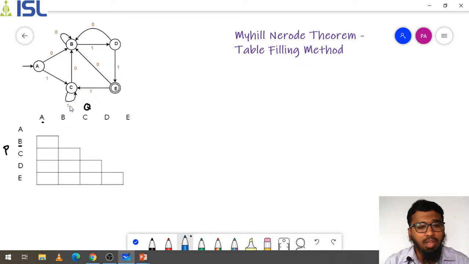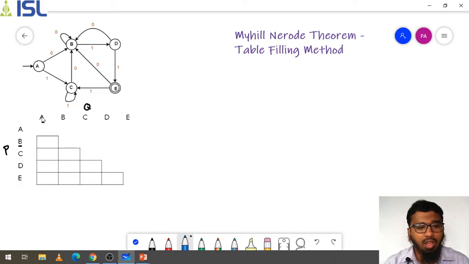D and B: both are normal states. Next, D and C: both are non-final states, so we cannot make any mark.